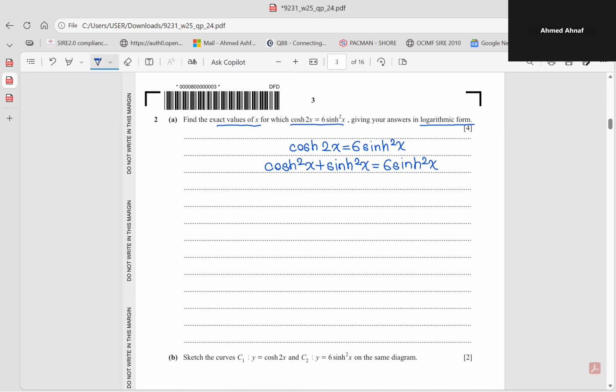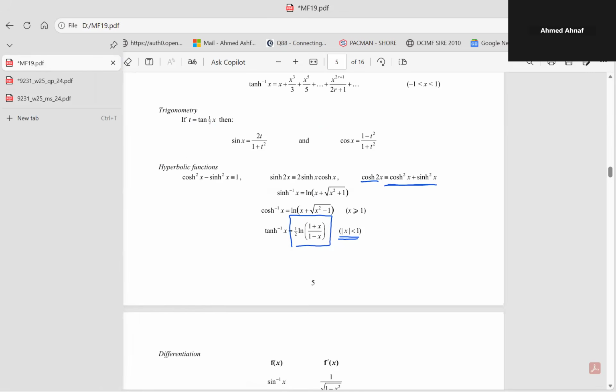Another thing that we can do is to separate the cosh square and the sinh square on opposite sides of this equation, and then divide both sides by cosh square x to get tanh square x. Okay, let's just stick to sinh square x. So now we have to change this cosh square x into sinh square x, and we can use this.